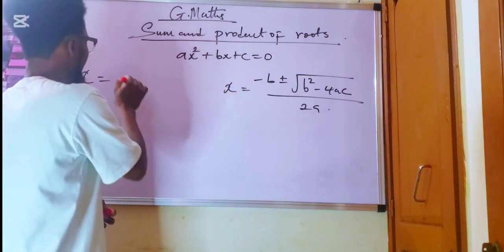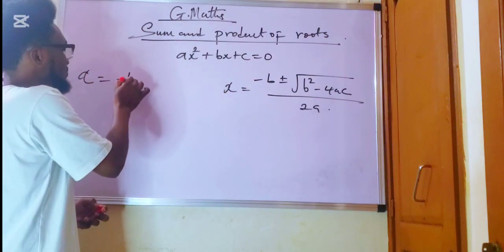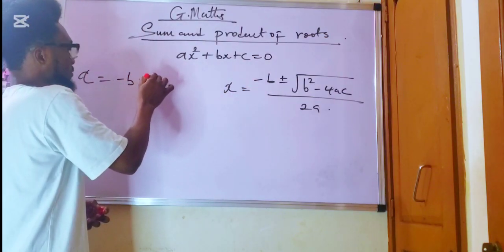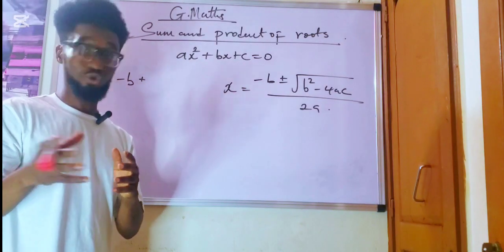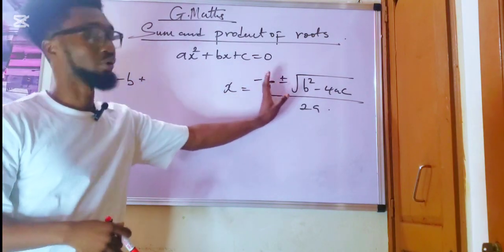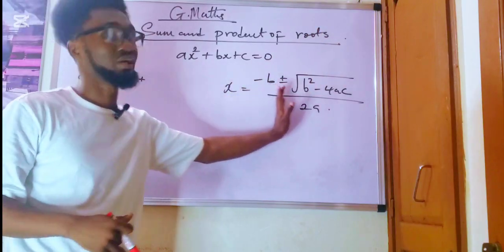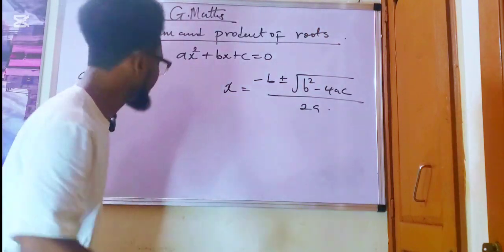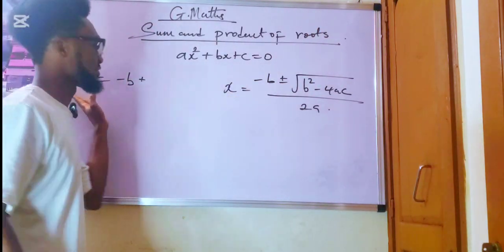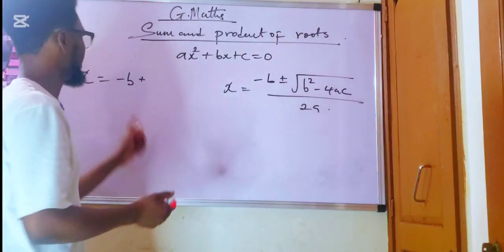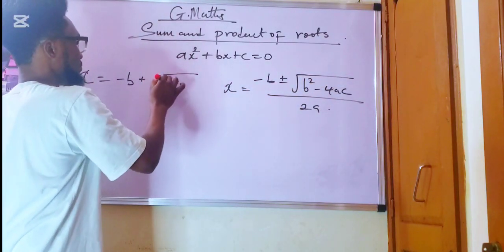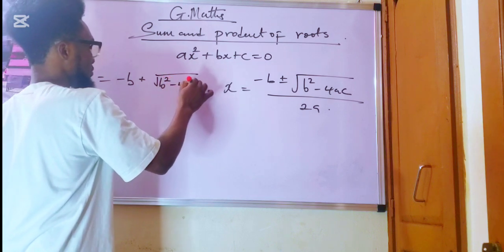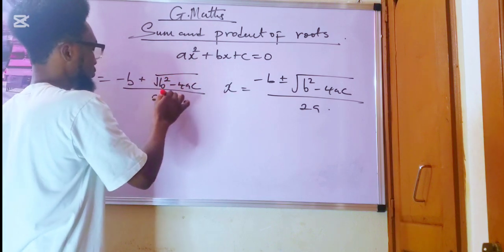So let alpha be minus b plus the square root of b squared minus 4ac over 2a, because the plus is a different root while the minus is a different root. That's the first root.